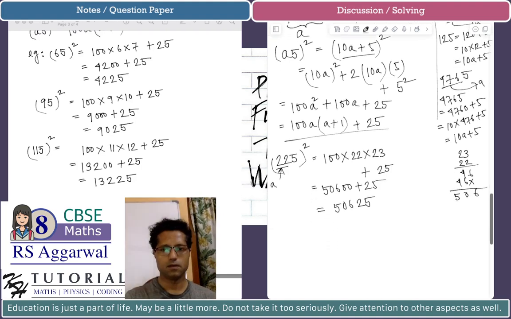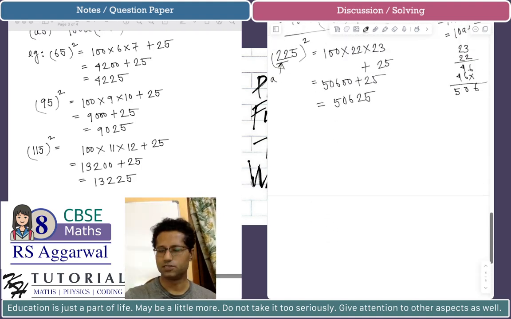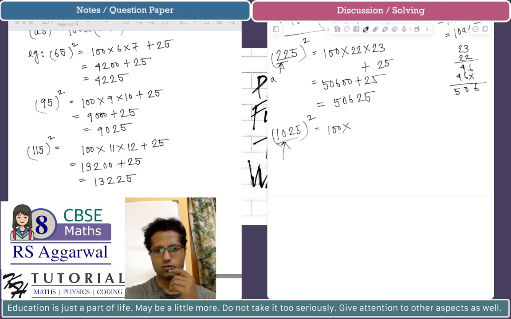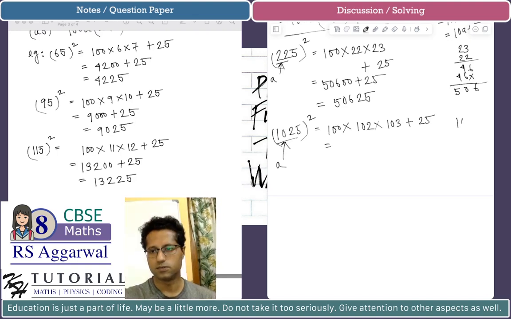Now let me quickly check if we can do a little bigger number. Let's say 1025 square. So the formula is 100 multiplied by a. What is a? A is 102. So 100 multiplied by 102, multiplied by a plus 1, that is 103, and then plus 25. Now you have to calculate 102 multiplied by 103.